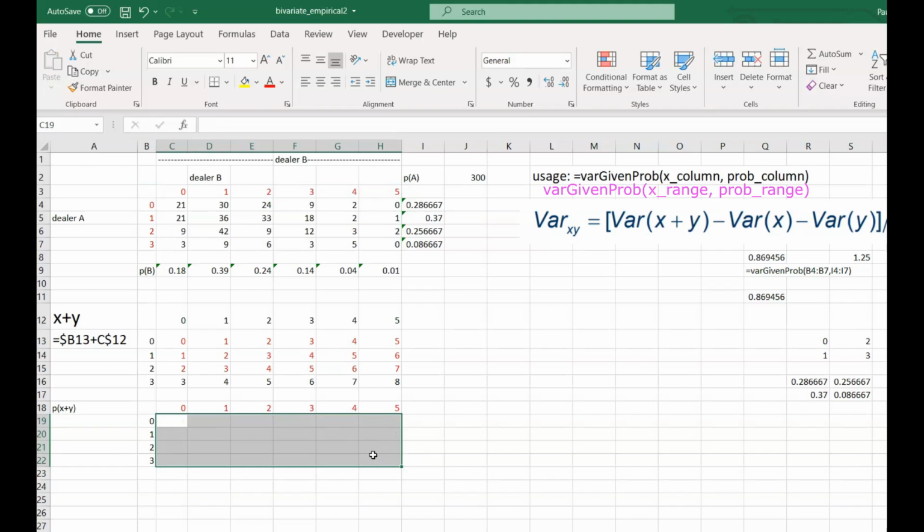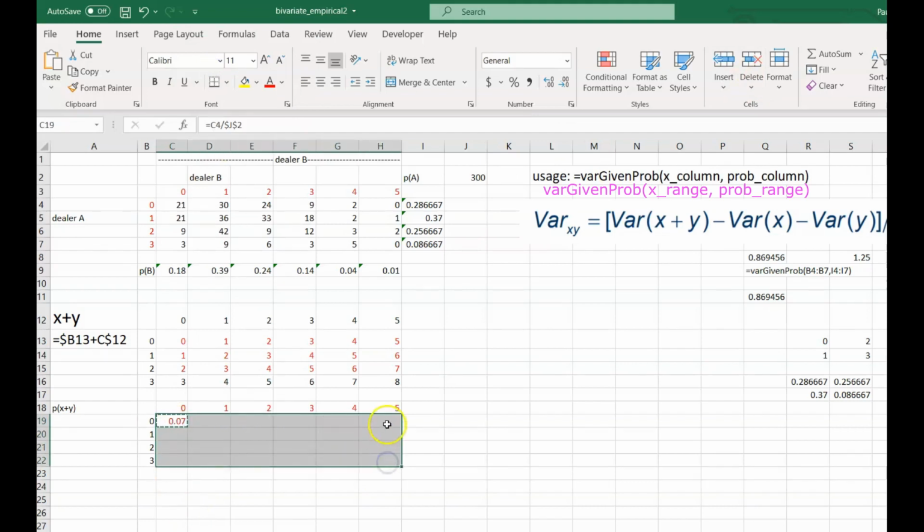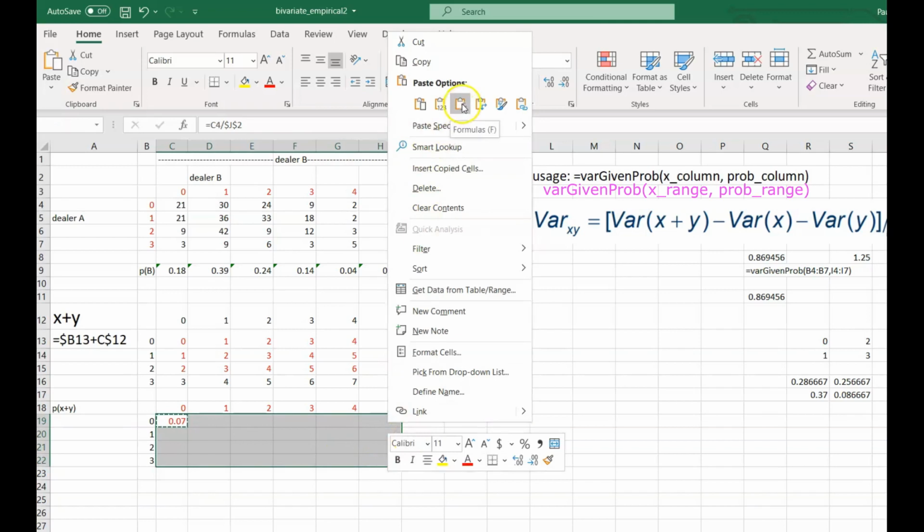Then we are going to fill this one. The first number should correspond to 21, so 21 days out of 300. So this is 300. We hit F4 to lock our denominator. Okay, the first one is 7%. Then we copy our formula to the rest and paste as formula.